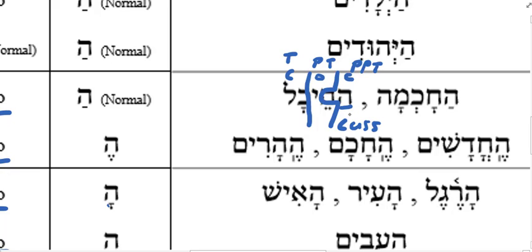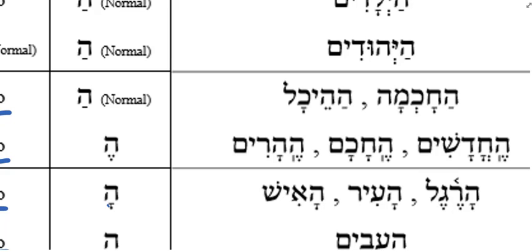This is why it gets to stay the short pathak here. So that's why when I say it's virtually doubled, for all intents and purposes, it's doubled. But Hebrew won't allow us to put a doubling dot in that guttural, because gutturals can't take any dagesh forte from anyone, right? It's not in their nature.